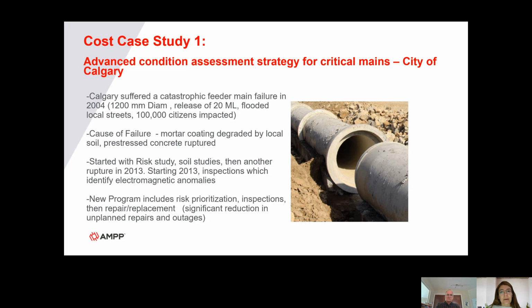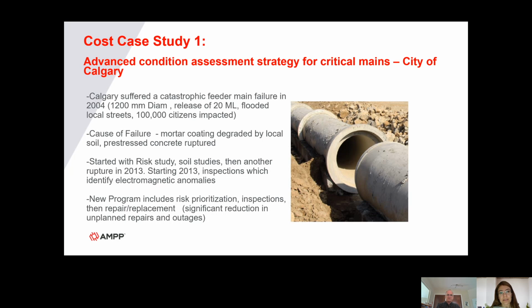This is one that I really like. It was in the city of Calgary. Something happened to one of the biggest pipelines, and it was a catastrophic failure. One of the pipes ruptured and released 20 million liters. It flooded a bunch of streets and houses.